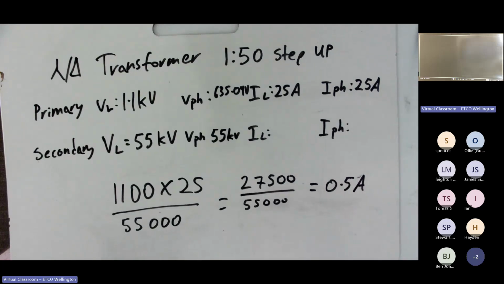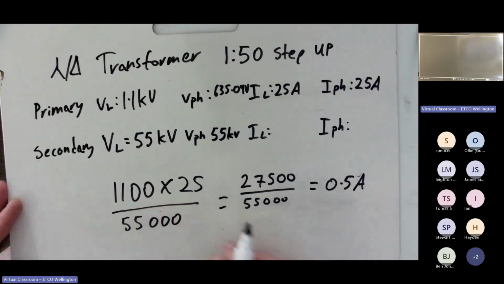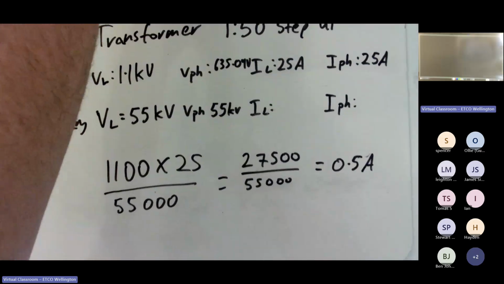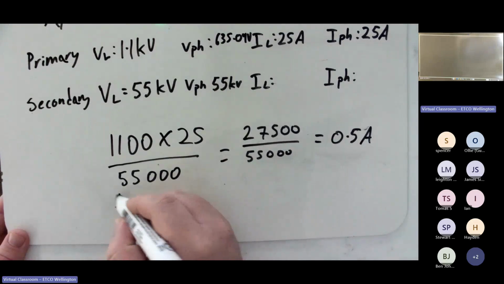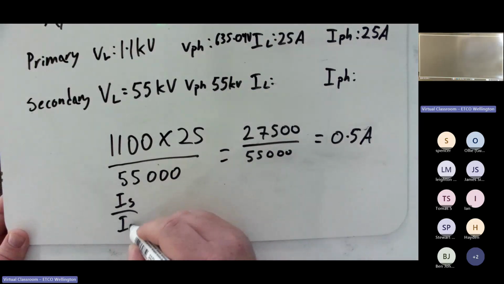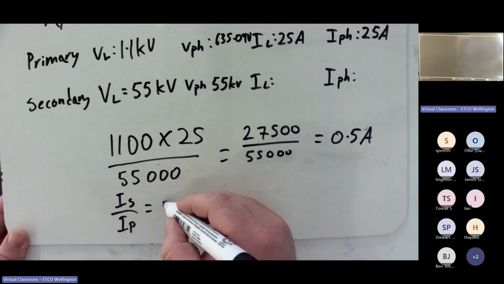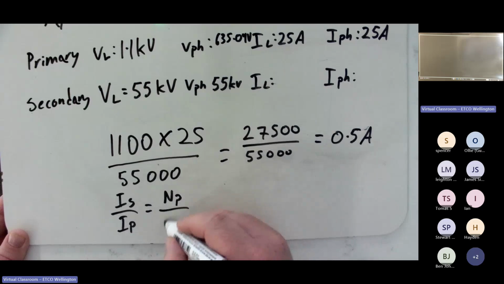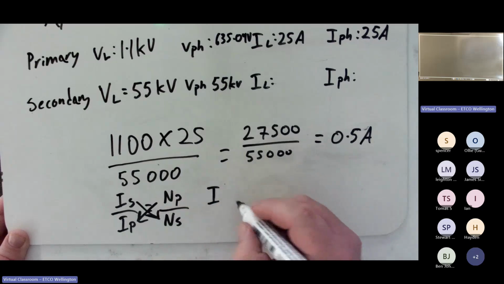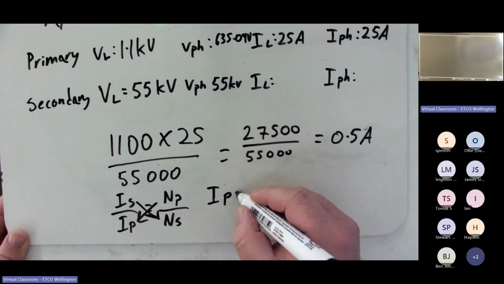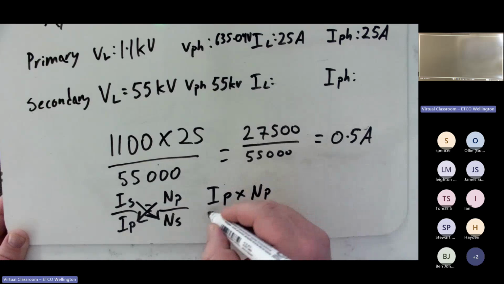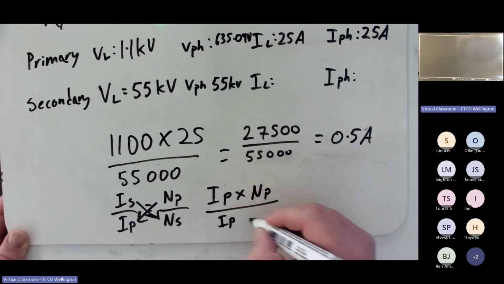Cool. Now, just to double check that that's correct, we have I secondary over I primary equals NP over NS. Cross multiply: I secondary times NS equals I primary times N primary.